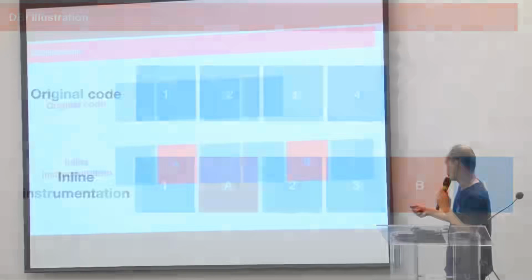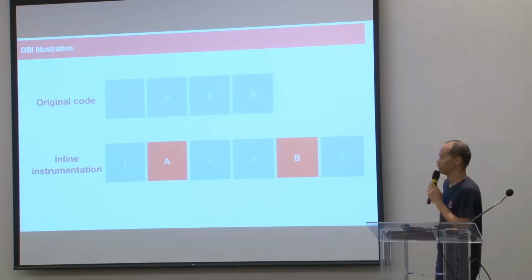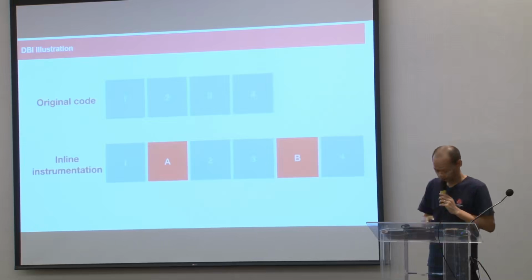Originally we run 1, 2, 3, 4. Now after instrumentation we run 1 and our instrumentation code A, then 2 and 3 and B, which is another instrumentation, and 4. But remember here that A and B should not change the behavior of the program.